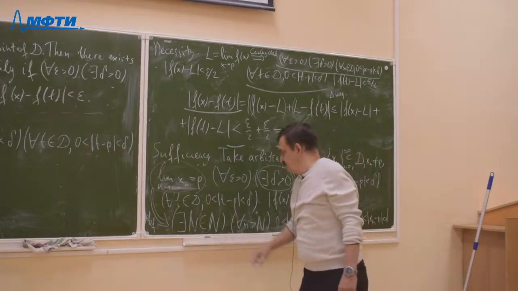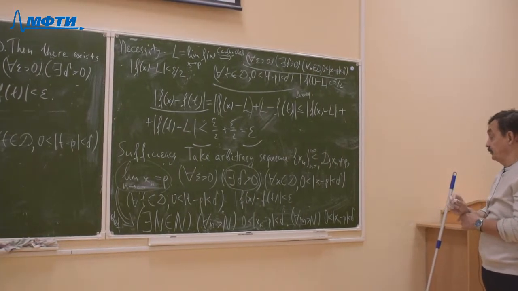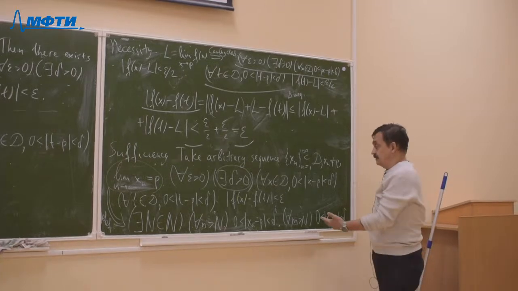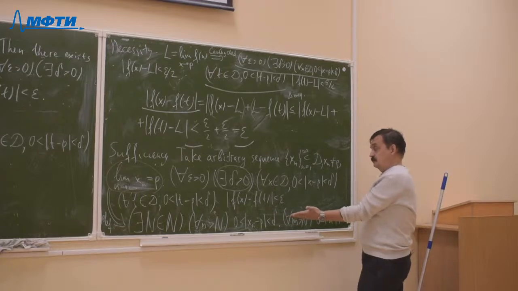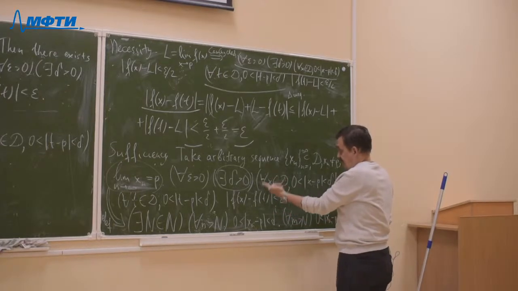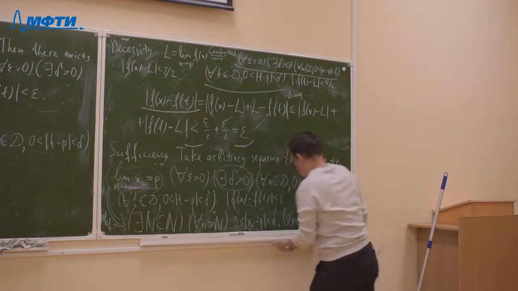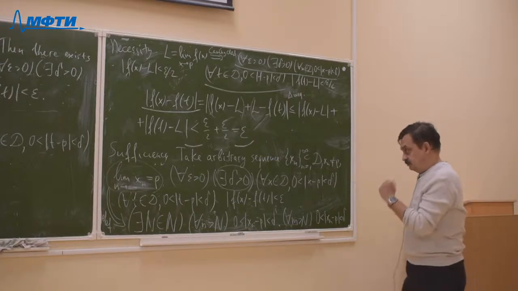Under the same supposition about capital N. So it means that we can take here in the Cauchy criterion, instead of, let's say, x and t, xn and xm. So what do we deduce then?